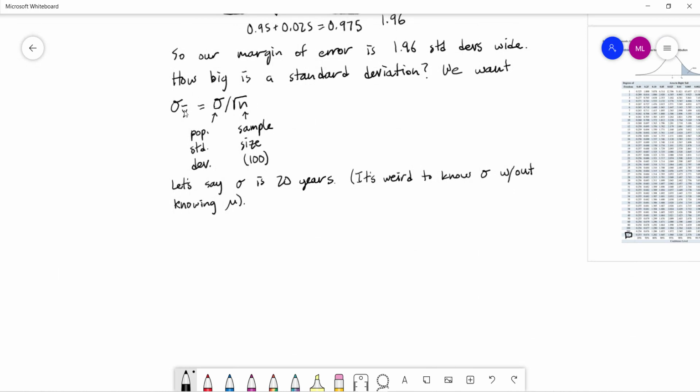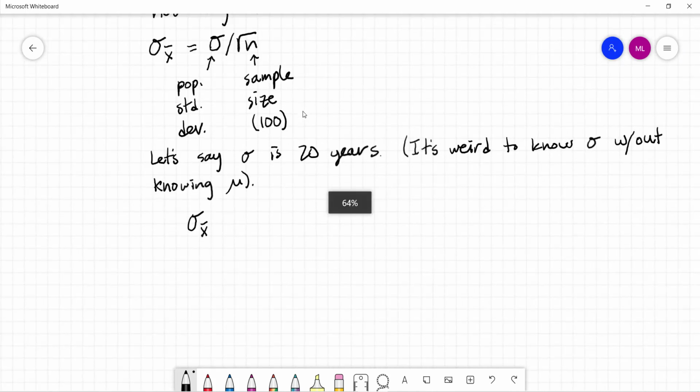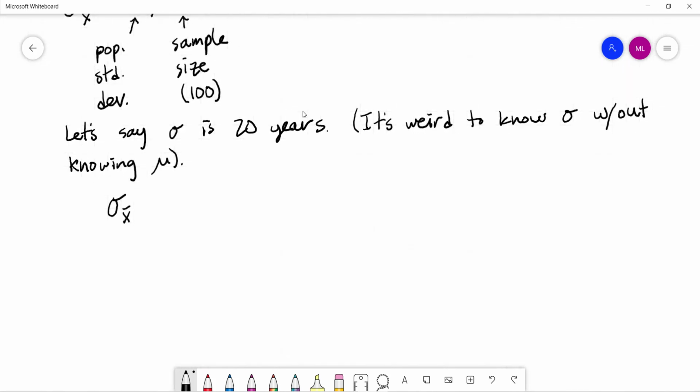Well, let's figure it out right here. I need to know what sigma x bar is. So that means that sigma x bar, let me zoom back in so we can see, is equal to sigma over the square root of n, which is going to be 20 divided by the square root of 100, because n was 100. Square root of 100 is 10, so 20 over 10 is just going to be 2 when this is all said and done.